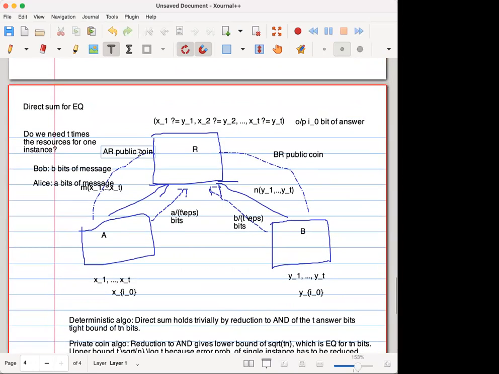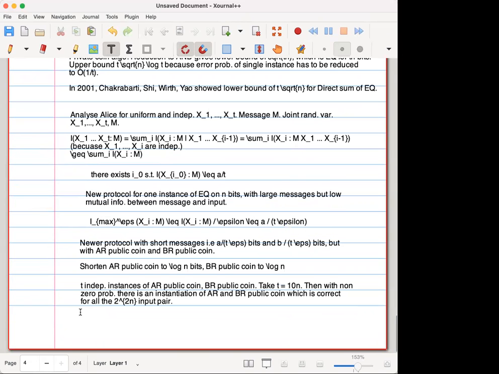Just the choice of which instance to take out. So now, after instantiating the public coin, the sample average for Chernoff is only over a set of size 10n.